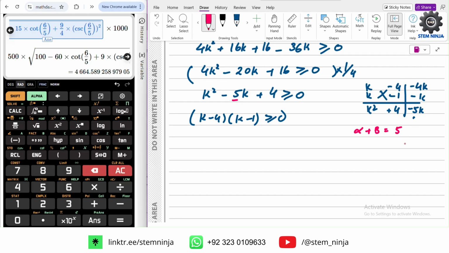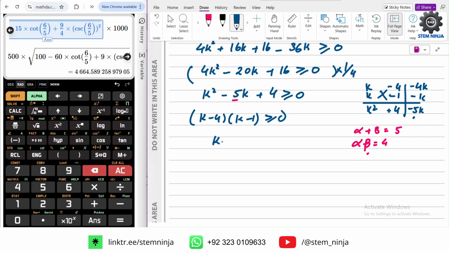So basically this would be equal to 5, and the product would be c over a, which is 4 over 1, 4. So if the product of the two roots is 4 and the sum is 5, then 4 and 1 would be those answers.